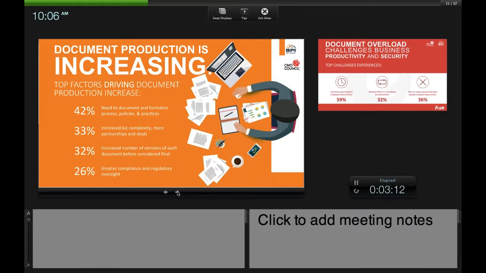Thirdly, they also said that they were creating more versions of each document that they produce, which again I think points to an increased complexity in business today. And then finally, the fourth most pressing need was greater compliance and regulatory insight.